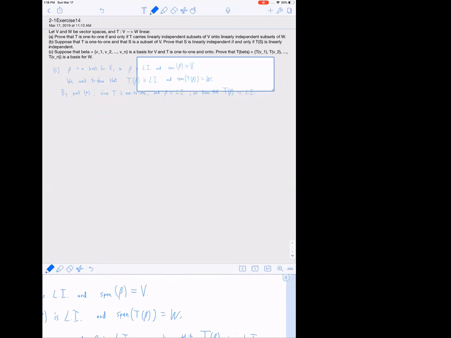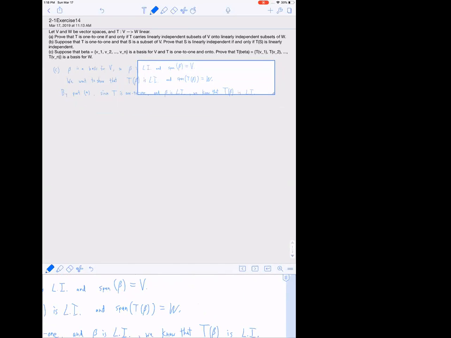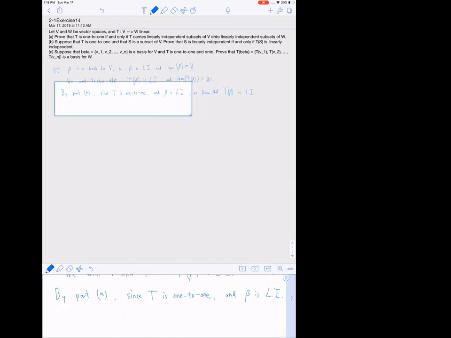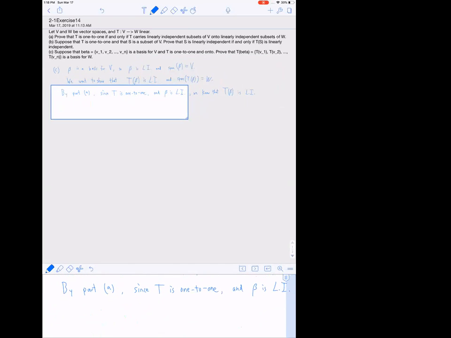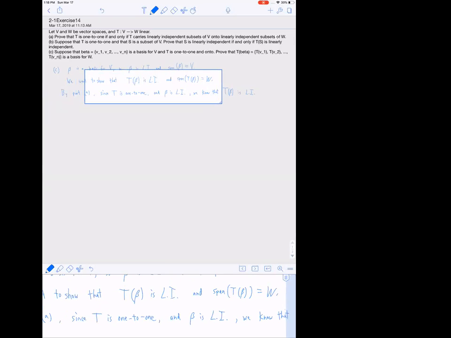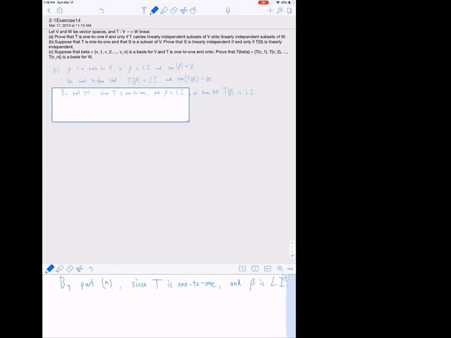So all that remains now is to show that the span of T of beta is equal to W. So what do we know? Well, we know something about the span of T of a basis by theorem 2.2. Look it up in the book, check that this is the right number.